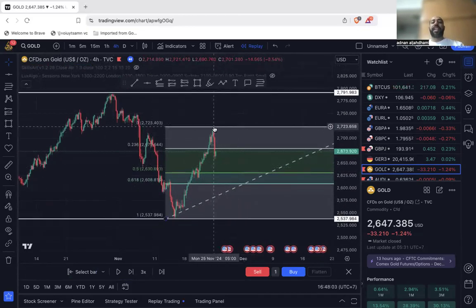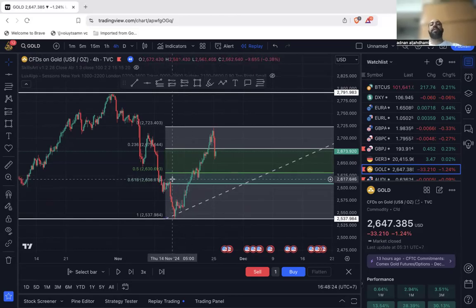It started rejecting here. Now the price is clearly in an uptrend because it broke the last high low, and it created a change of character with a break of structure. Multiple times it broke the last movement.